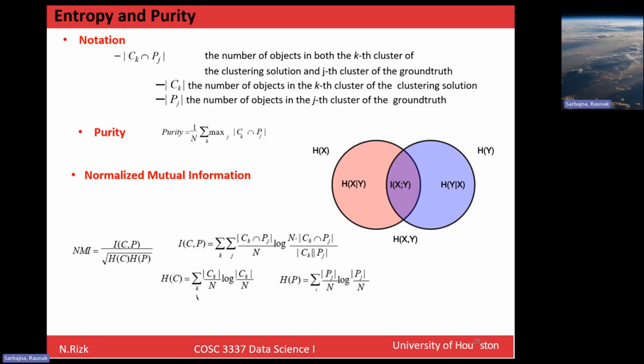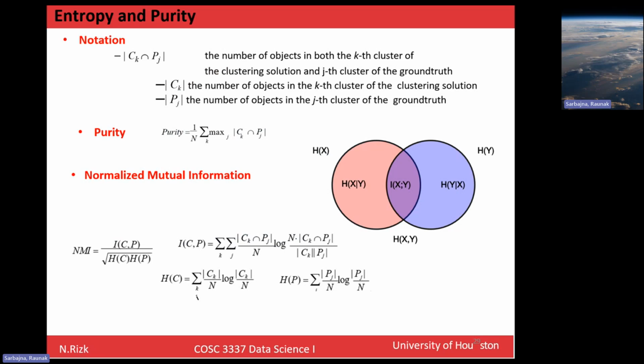So it says X and Y here, but those are C and P. H here is entropy and I is information, right? So purity is very simple. It's 1 over n, where n is the total number of points, and you sum the maximum number of points in each cluster that's correct.